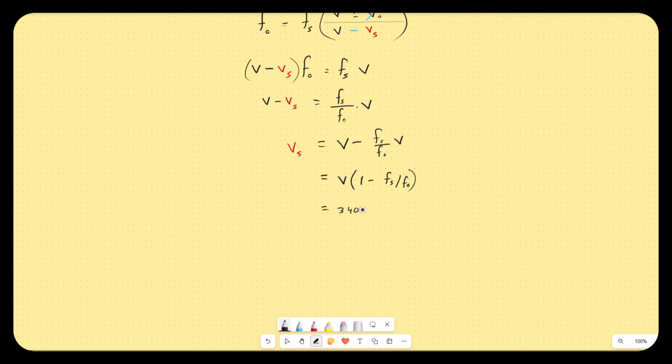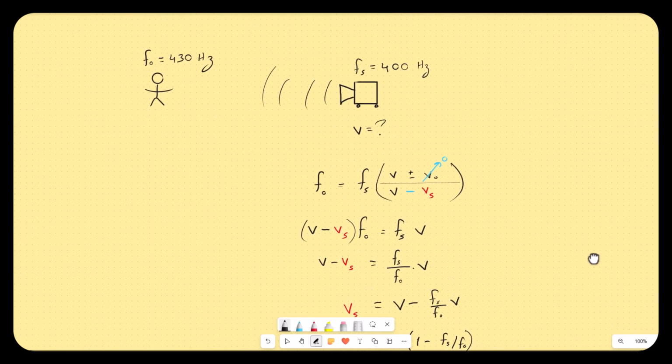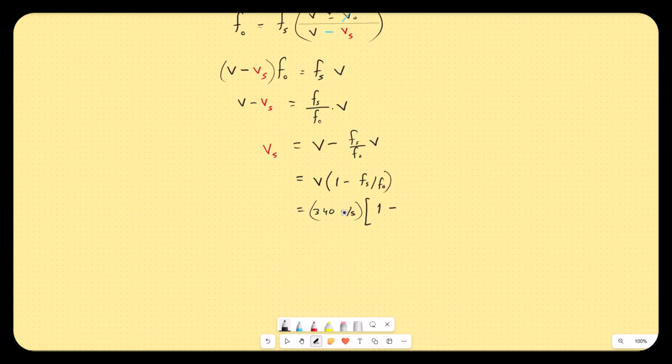I get 340 meters per second times 1 minus the frequency of the source, 400 hertz, over the frequency observed, 430 hertz, and I get a speed of 23.7 meters per second.